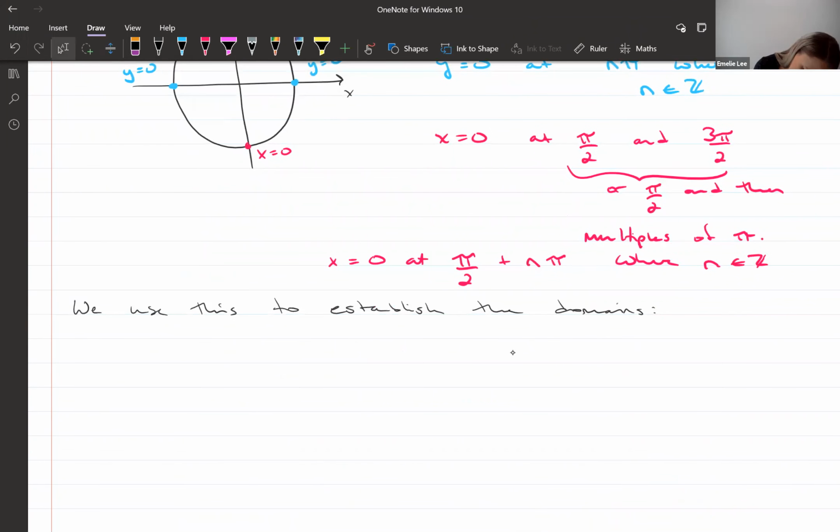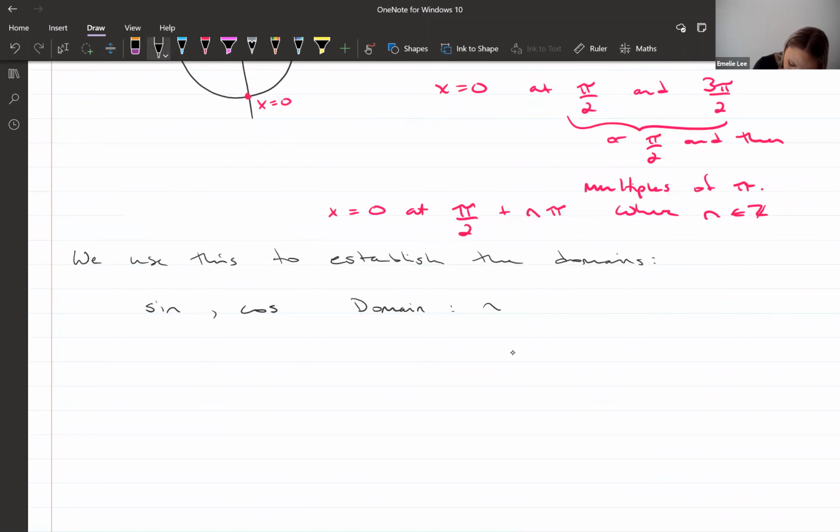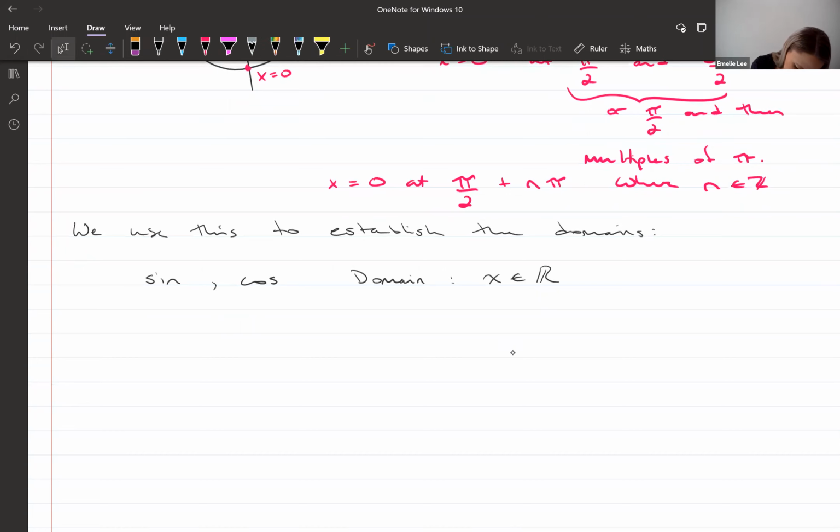So what we say is that sine and cosine have a domain x in the set of real numbers, right? So it can be any number from negative infinity to positive infinity. Tan and secant, right? Are undefined where x is 0.